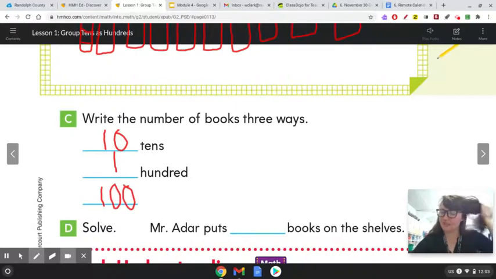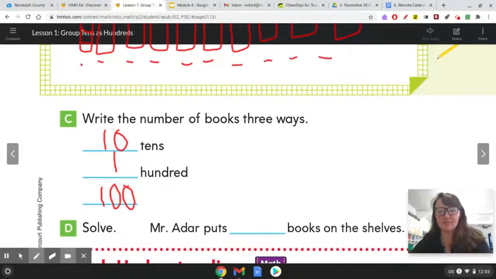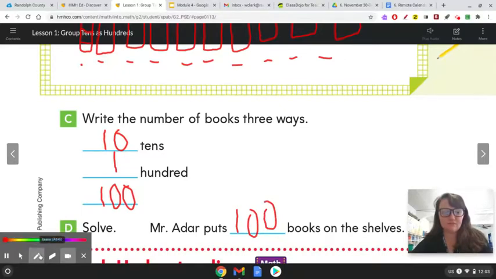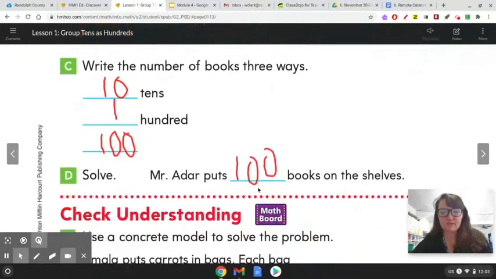And the last one says solve. Mr. Adar puts blank books on the shelves. We just counted it. So we did 10, 20, 30, 40, 50, 60, 70, 80, 90, 100. So he puts 100 books on the shelves. Okay. All right, so let's keep going.